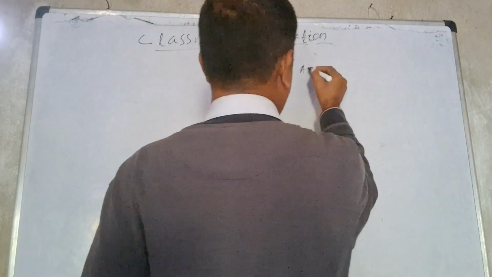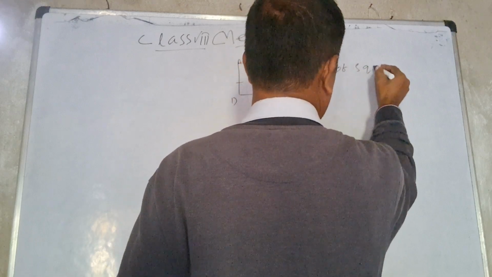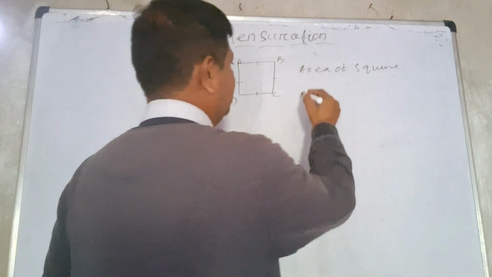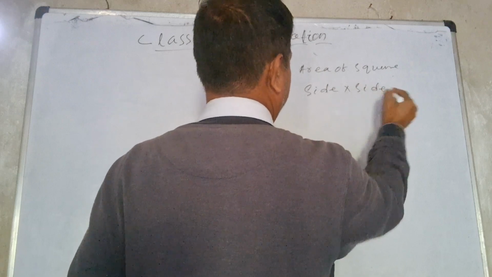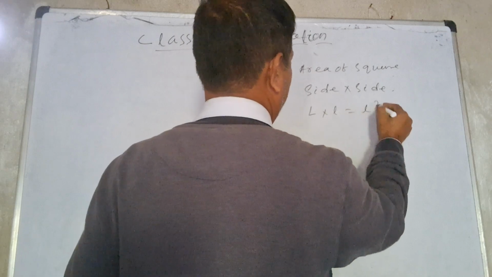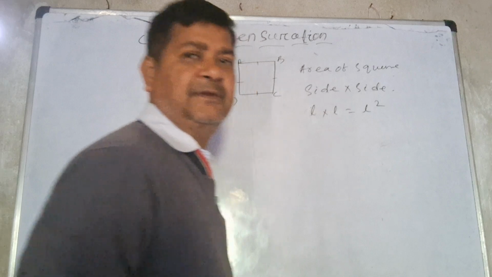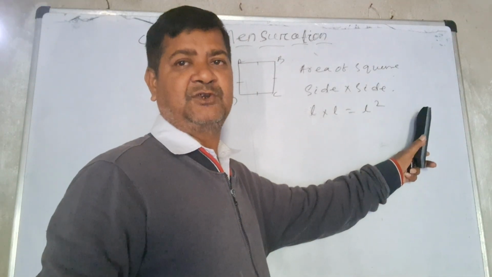Area of the square is side into side. If side is L, L into L, L square. Or if it is X, then area equal to X into X, X square.